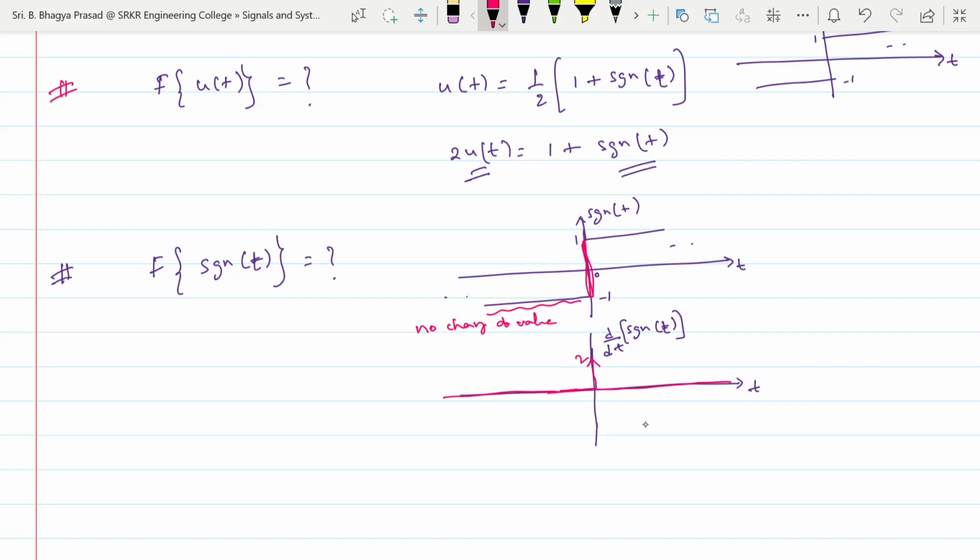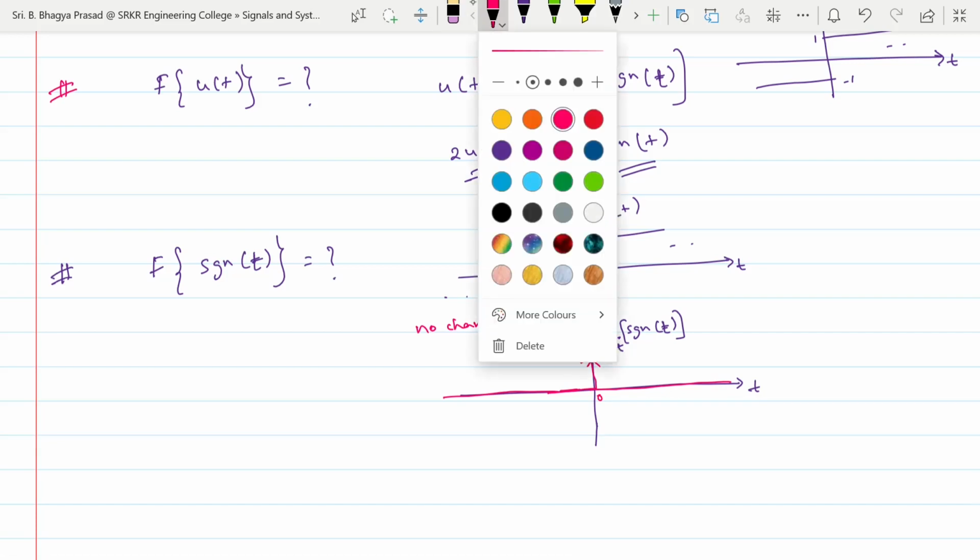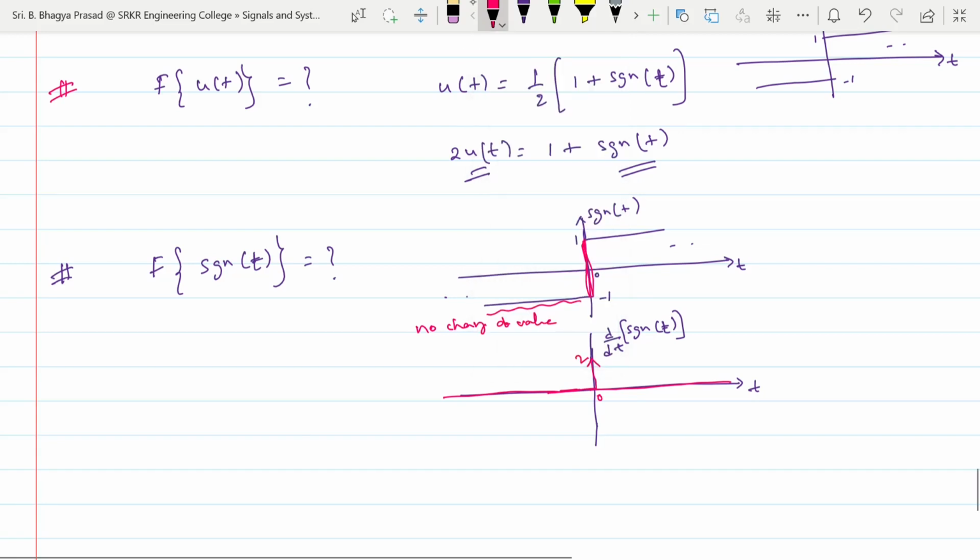So you represent the derivative of the signum function with an impulse at t = 0: d/dt of sgn(t) is 2δ(t).